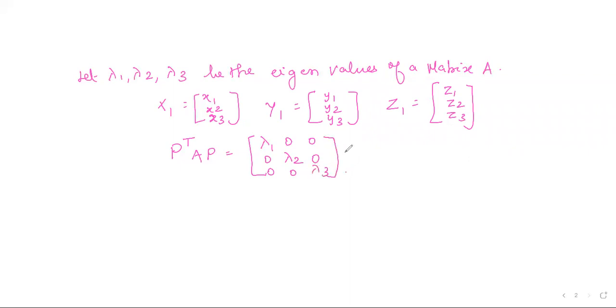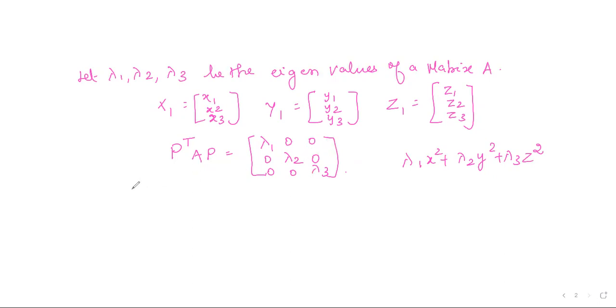Likewise, we find the quadratic form reduced to the canonical form. Finally you will get it in the form lambda 1 x square plus lambda 2 y square plus lambda 3 z square. And P is the transformation matrix, which is an orthogonal matrix.